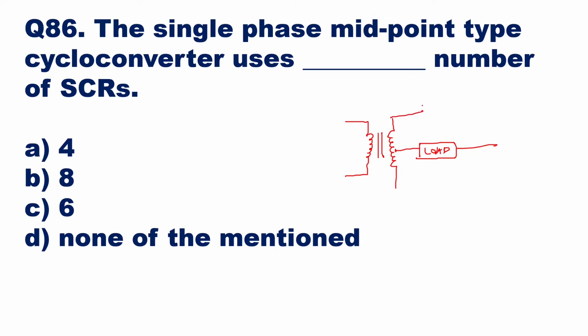So here we can have two SCRs. One SCR will be facing one way. This is one SCR and this will be another SCR. And here on the negative side also you can have two SCRs.